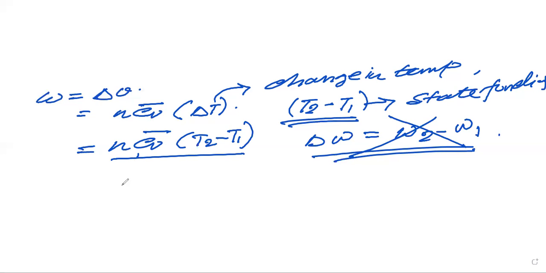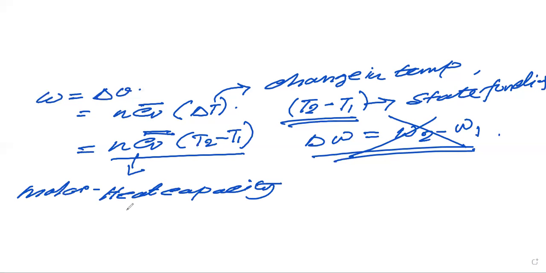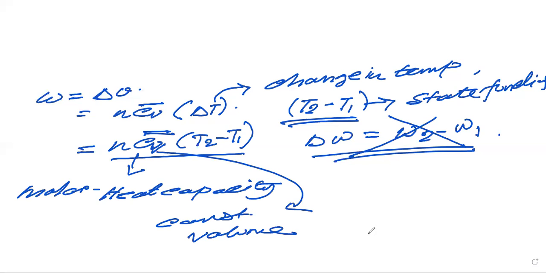Here Cv is the heat capacity, the bar denotes the molar heat capacity, and the V denotes constant volume. So Cv bar denotes molar heat capacity at constant volume.